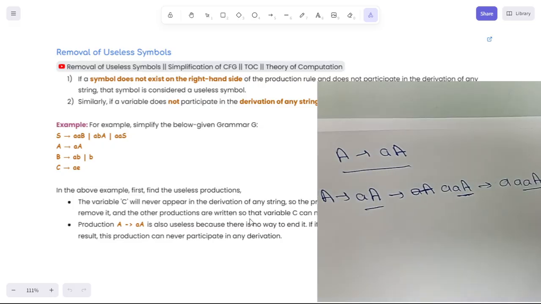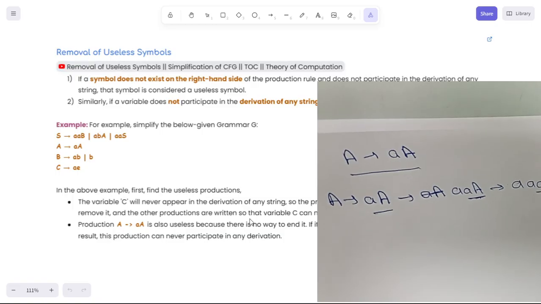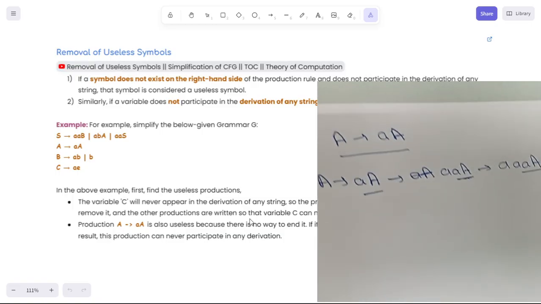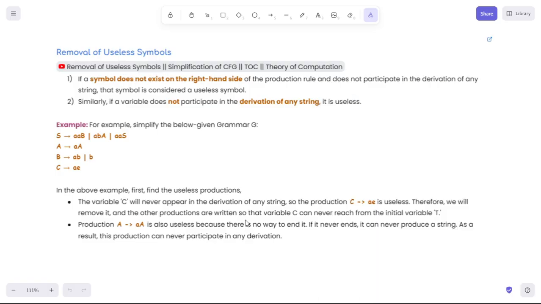If this production is not used to derive a terminal symbol at the end, there is no use of this production. So that's why this is also a useless production rule, and we can directly remove it from the grammar. The simplified version will have only the first rule and the third rule. So the second rule will be eliminated and the fourth rule will be eliminated. This is the first type, removal of useless symbols.